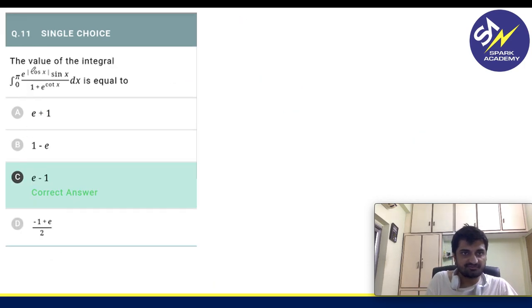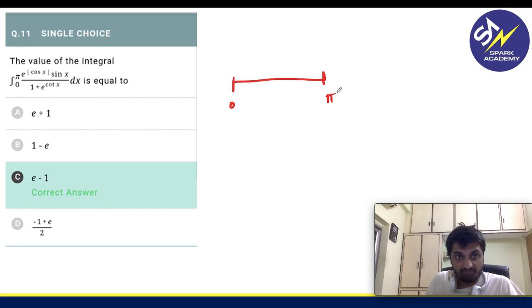Now what about this? The value of the integral e power mod cos x sin x by 1 plus e power cot x. So mod is there. So first I have to check for mod, guys, because cos x is there, right? So 0 to pi is there. Now we'll check some values. What is cos 90? It is 0, right?